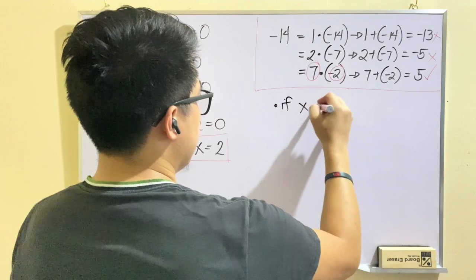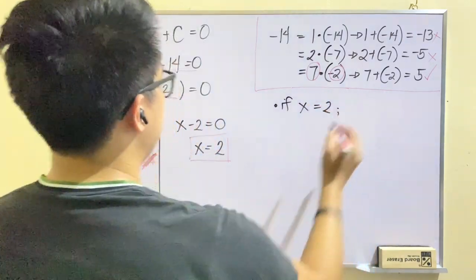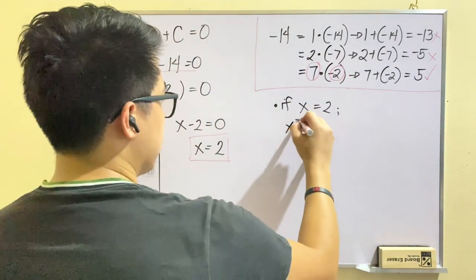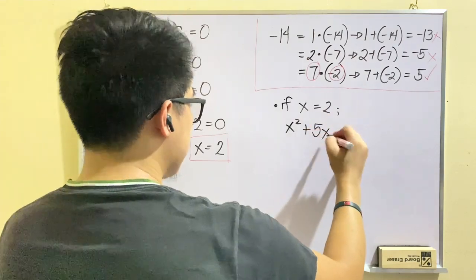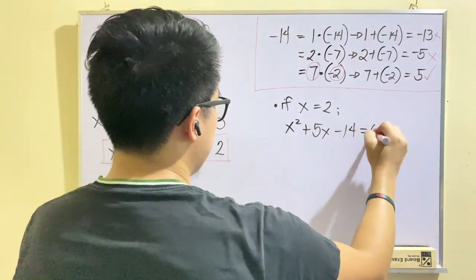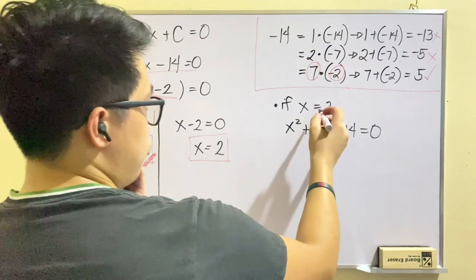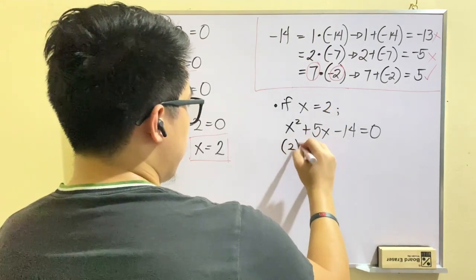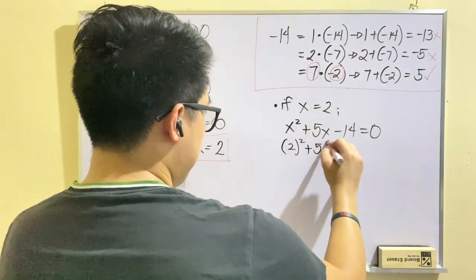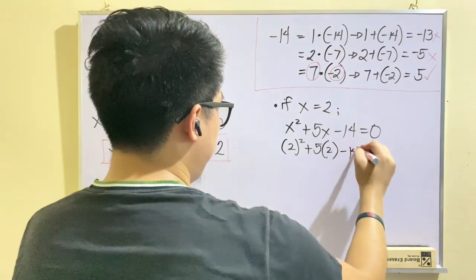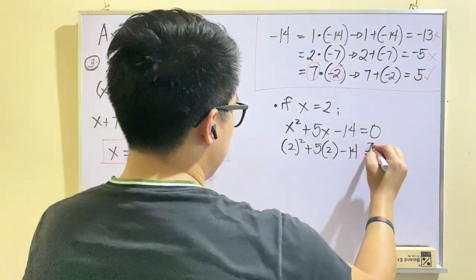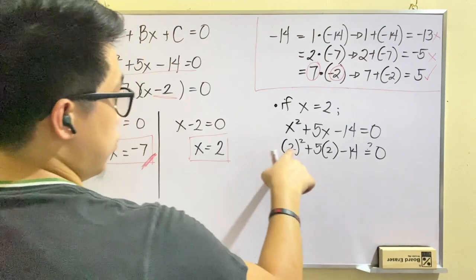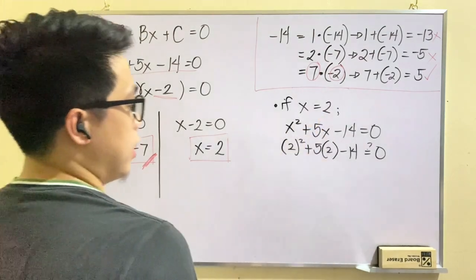If x is equal to 2, substitute natin sa ating equation, x squared plus 5x minus 14 is equal to 0. So, 2 squared plus 5 times 2 minus 14, is it equal to 0? Pinalitan ko lang yung x kay 2 ha.